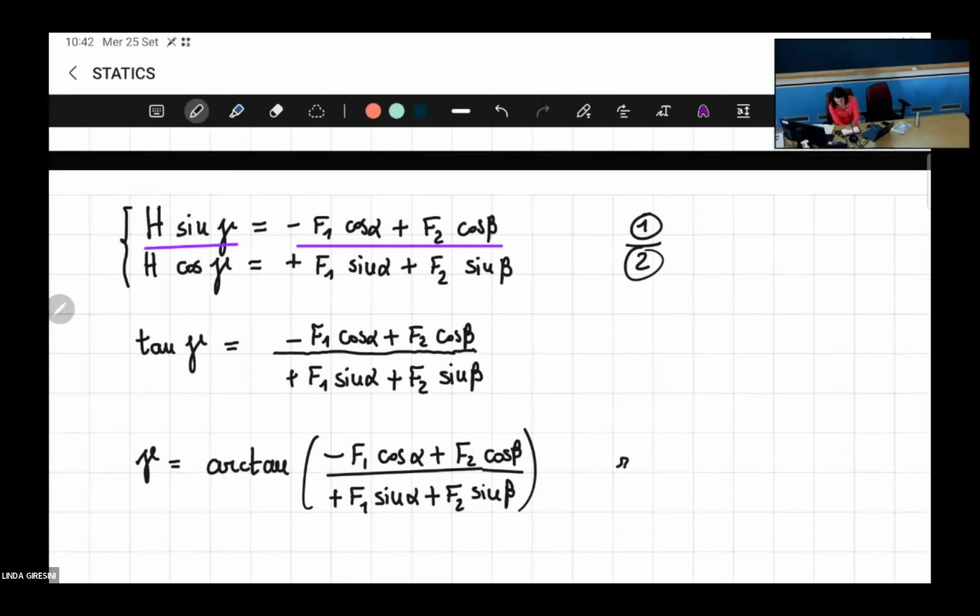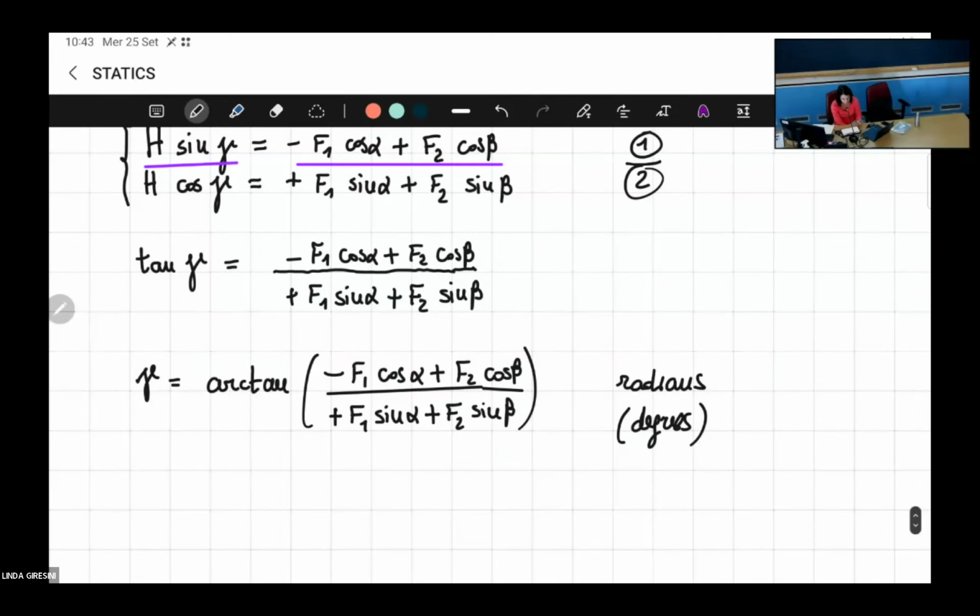And I will get it in radians. So don't be confused with radians and degrees, okay? Especially when you are using Excel or calculators, because they generally use radians, not degrees.